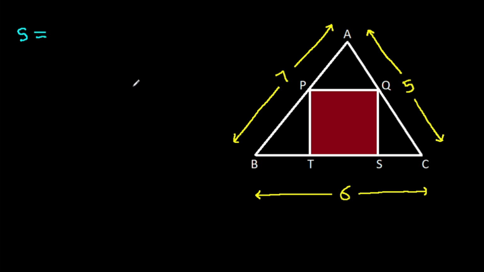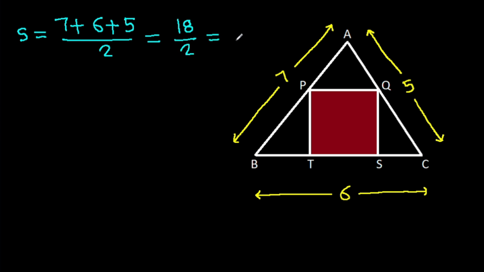s will be 7 plus 6 plus 5 over 2, and it is 18 over 2, that will be 9.